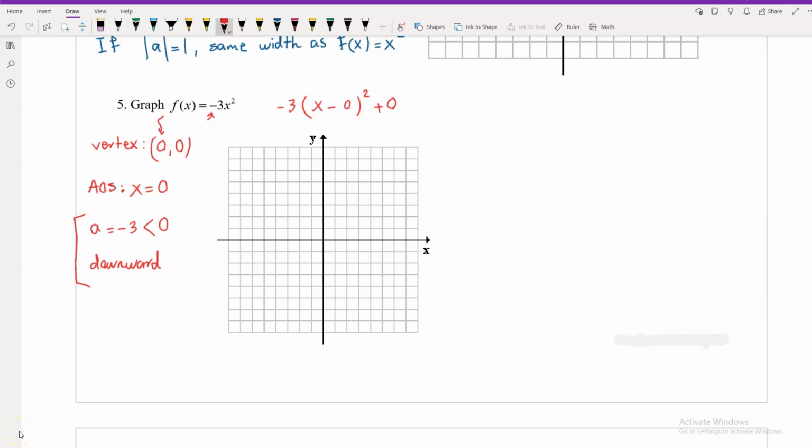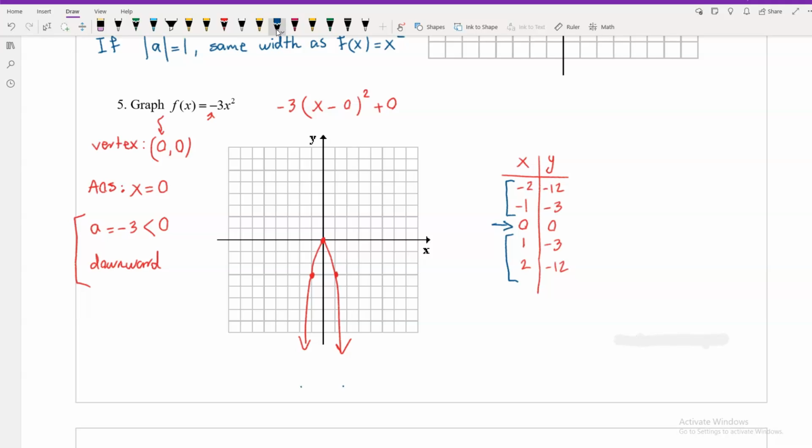And graphing, our vertex is (0, 0). That is what we have here in the middle. Choose 2 numbers that are less than 0 and 2 numbers that are greater than 0 to have all these 5 points. So use these points, and then we're going to have (-2, -12) here, and (2, -12) here.